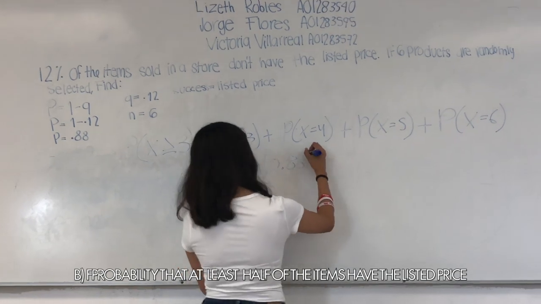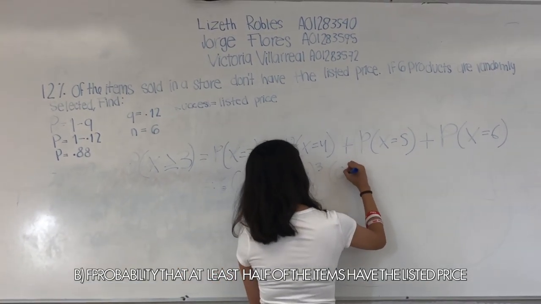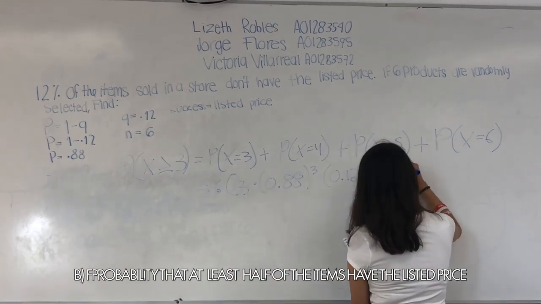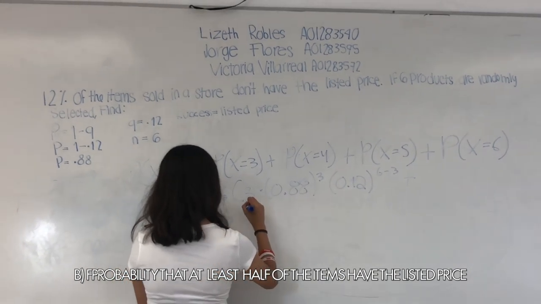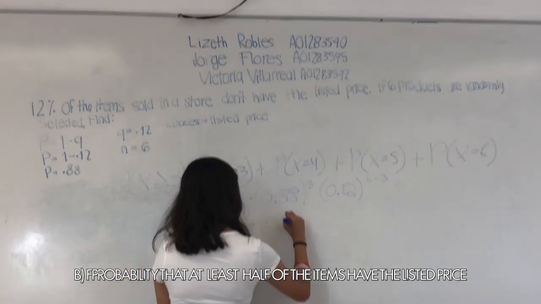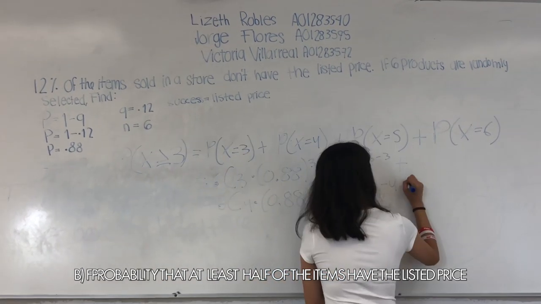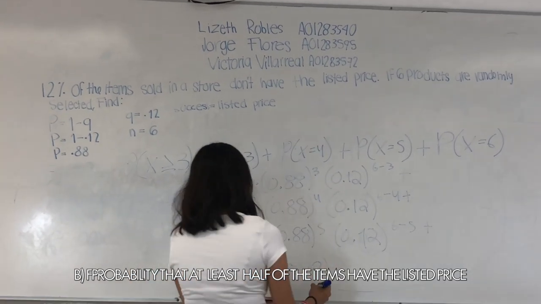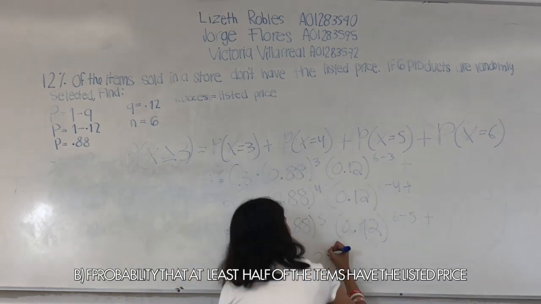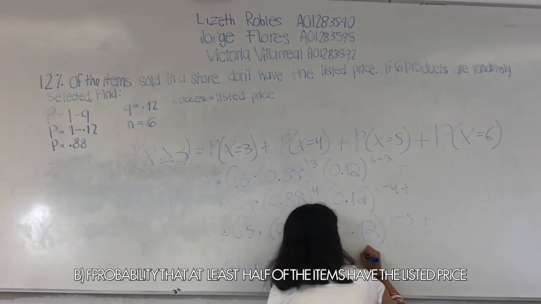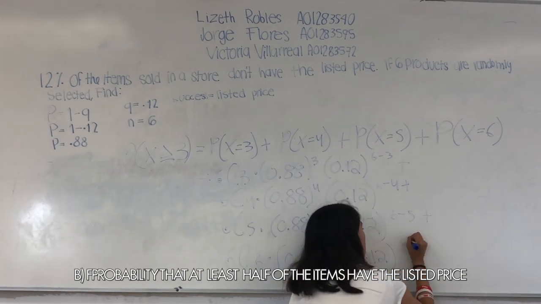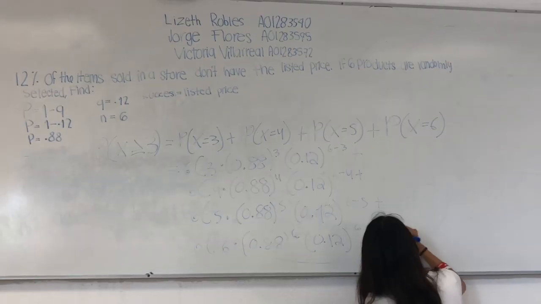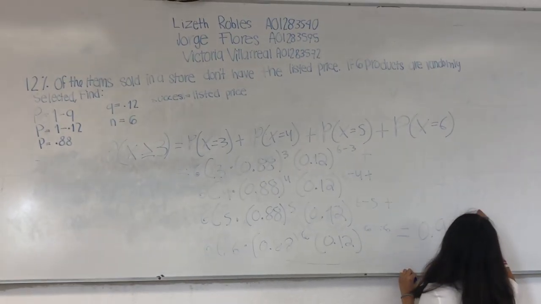By this process, we are adding the 4 different probabilities. The final answer is 0.9975.